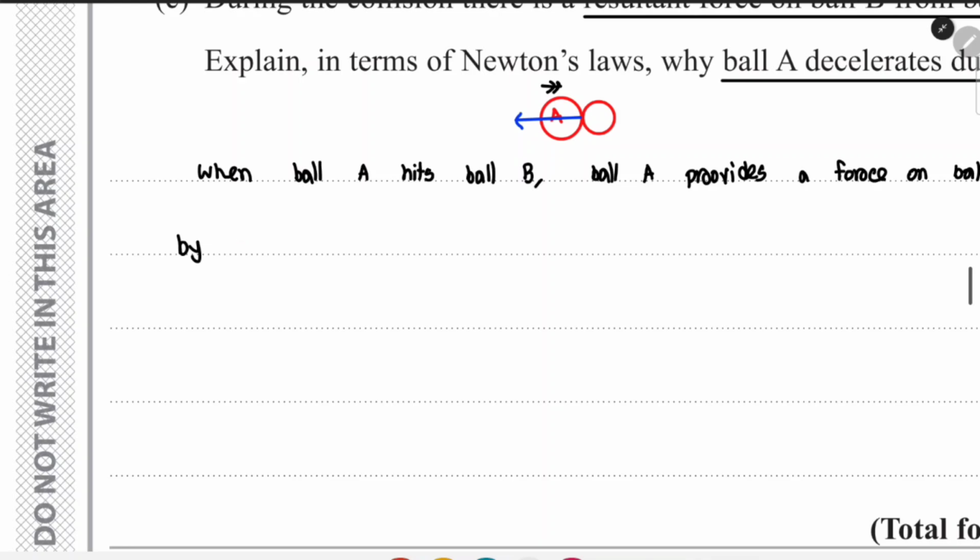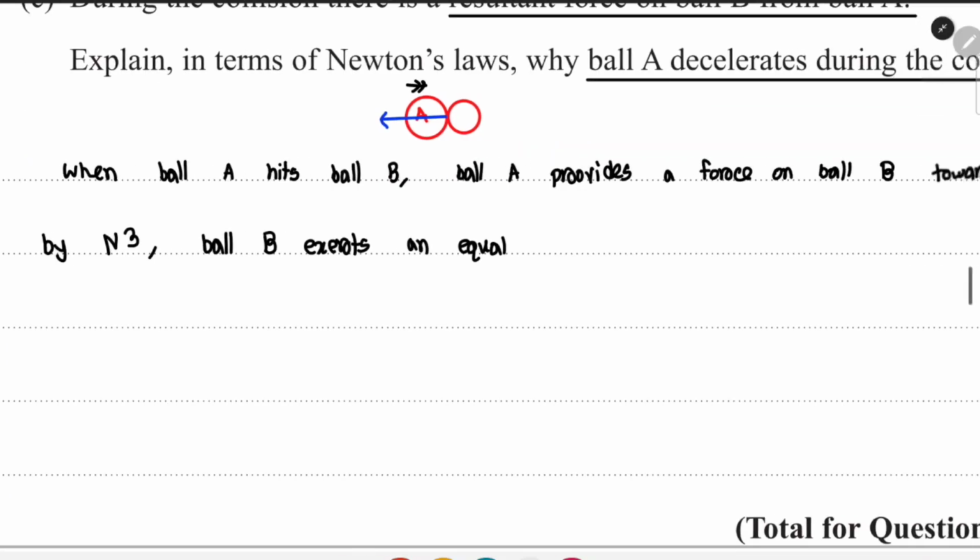So by Newton's third law of motion, N3, ball B exerts an equal and opposite force on ball A to the left.